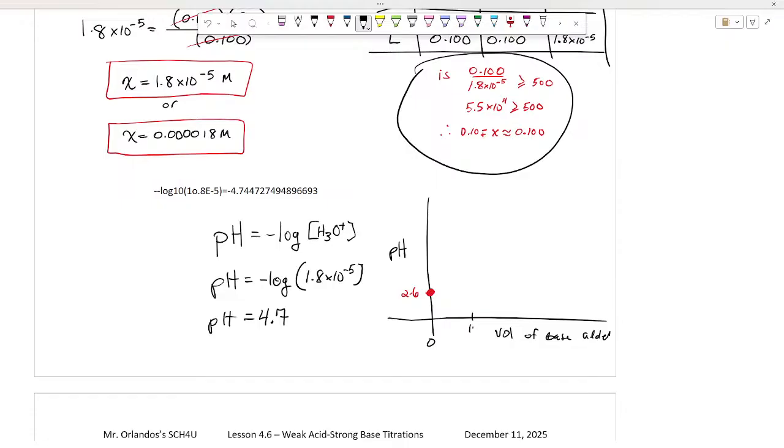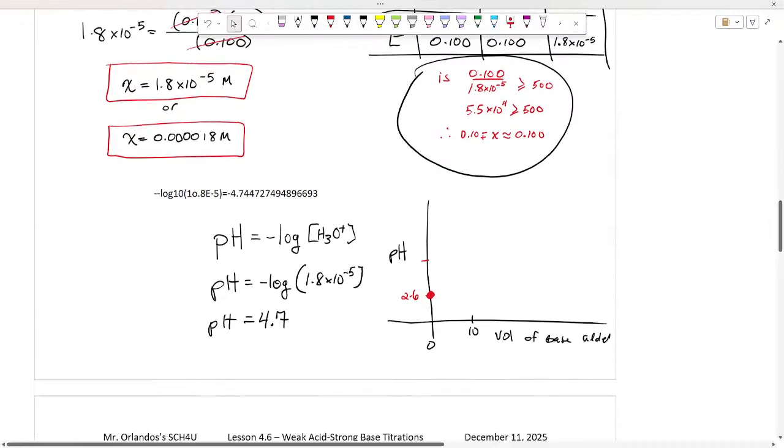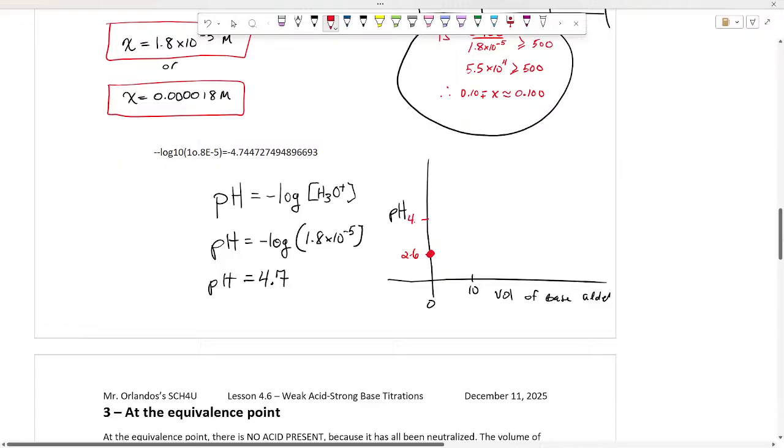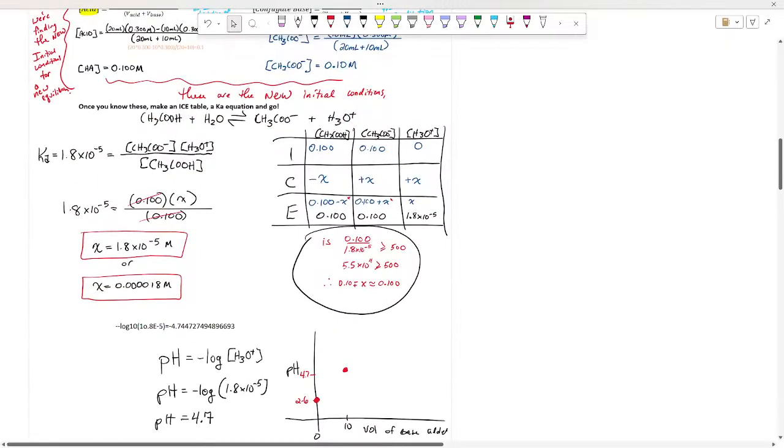And now by the time we've added 10 mils, our pH is up to what? 4.7. Is this relationship going to be linear? Spoiler alert, it is not going to be linear. But we could start kind of graphing that. You know what I mean? Okay. How's that feel?